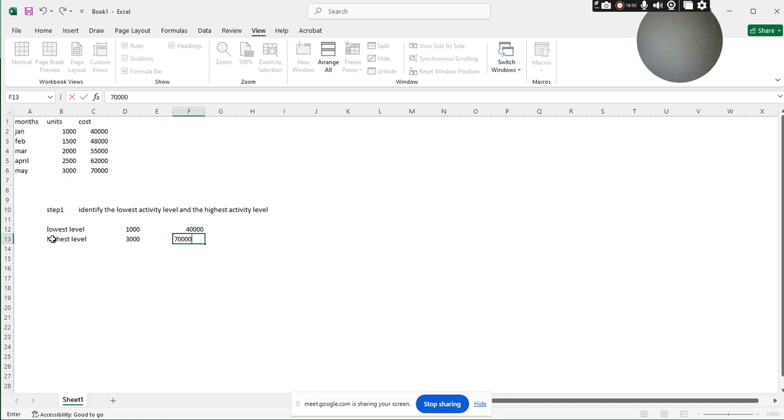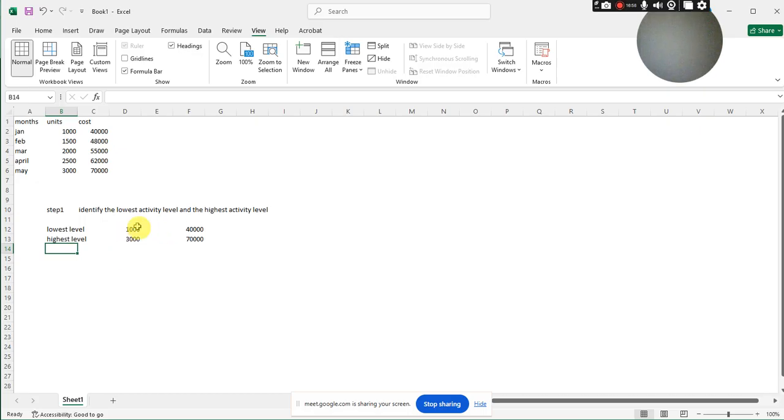So to separate the cost now, we have to deduct this lowest level from the highest activity level, right? Are we following?